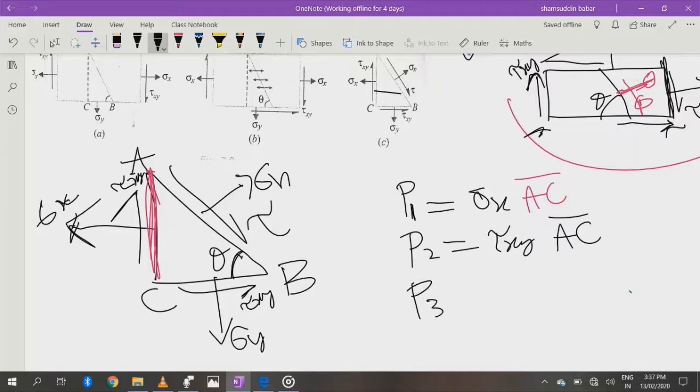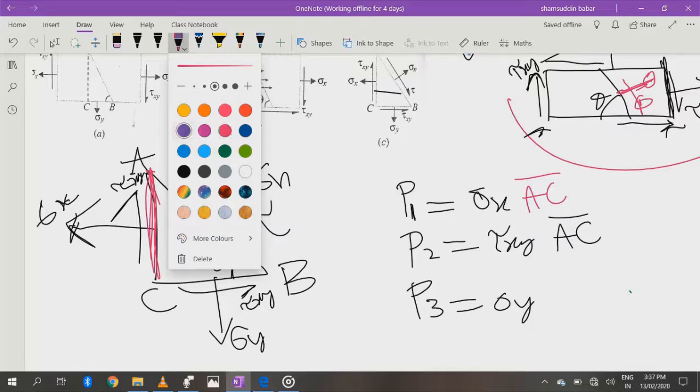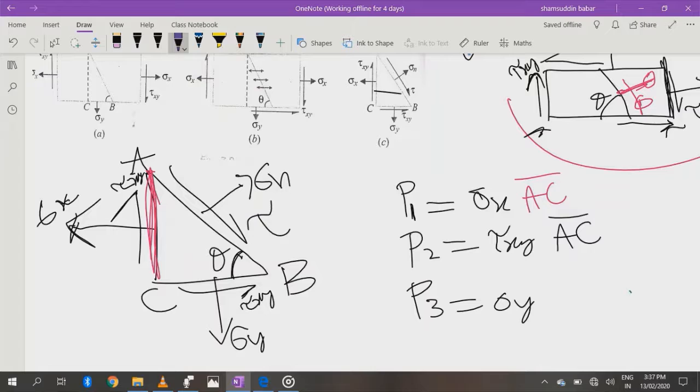For my P3 it will be stress y multiplied by, well, you have understood this concept, I don't need to do it, but still it will be CB.